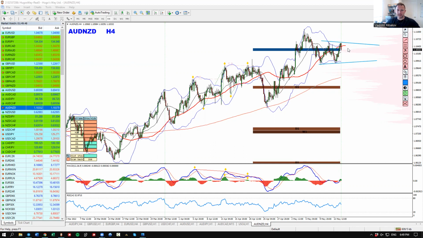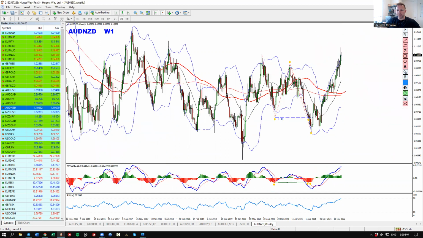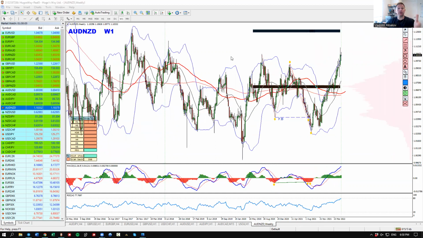So I do believe this is some slowdown. If it breaks down, it would just complete the second corrective leg before the rallies. If it breaks up, then I would expect to see the further continuation, as explained in the previous week's video, to the next highs for the longer run all the way to here.